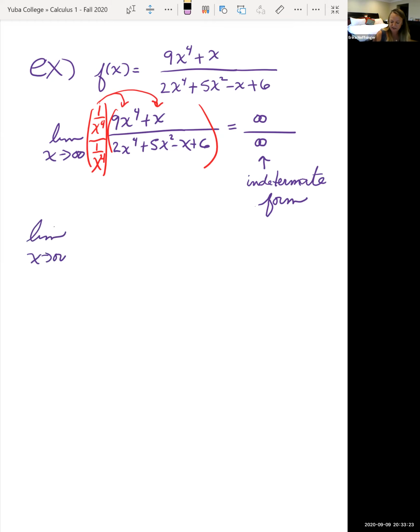Well, if we have 9x to the 4th all divided by an x to the 4th, those x to the 4ths cancel, leaving us with 9 there. Plus, if I distribute that 1 over x to the 4th times x, well, x over x to the 4th simplifies down where I have an x cubed in the denominator. All over, now we have to distribute this 1 over x to the 4th to each term in the denominator.